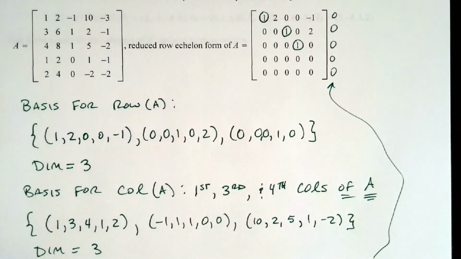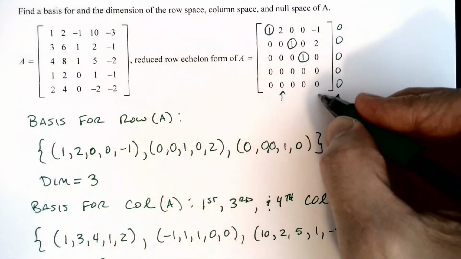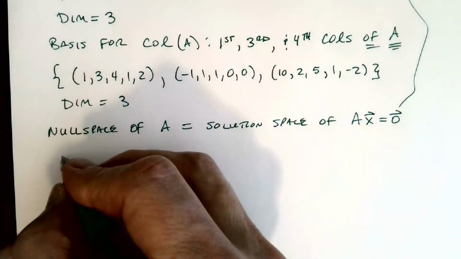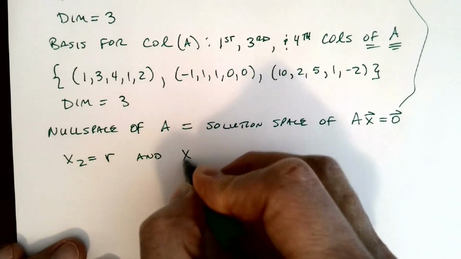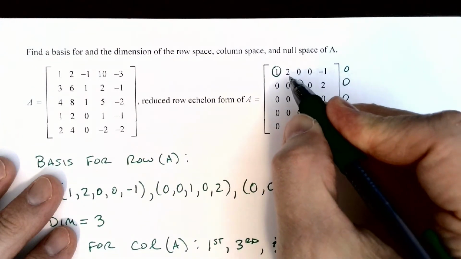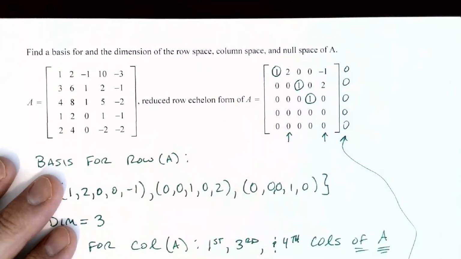There are 5 unknowns. And what do we have? We have x of 2 and x of 5. Those are free variables. So I'm going to let x of 2 be a parameter r and let x of 5 be a parameter t. And then I just write out my first equation: 1x of 1 plus 2x of 2 minus x of 5 equals 0.